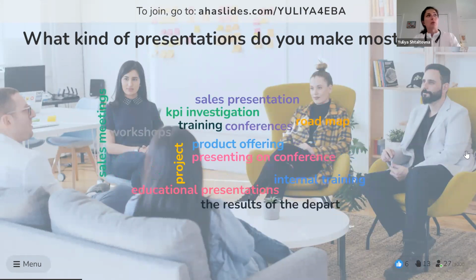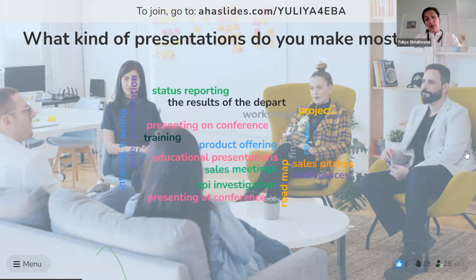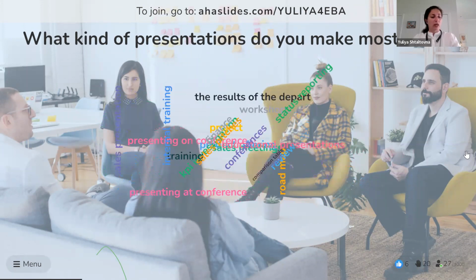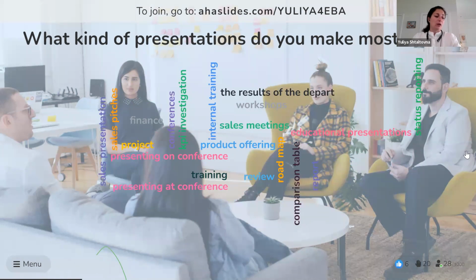In most cases, sometimes not, of course, but when we're doing the conference presentation, we do have this Q&A, and we never know who is in the room, especially with online conferences, forums, and so on. Sometimes questions can be really unexpected. Status reporting. Yeah, as for status reporting, you would be presenting this, and then you would be having questions that you really need to deal with.